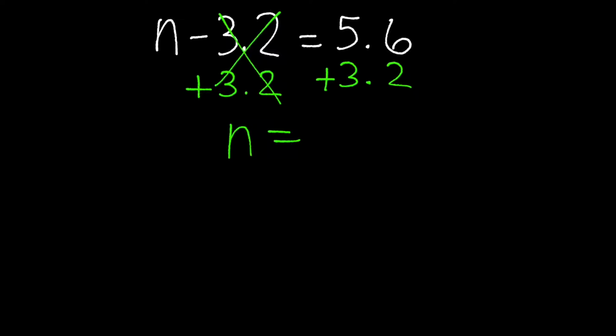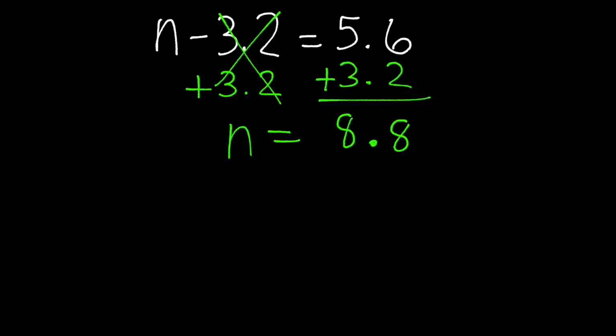And then on the right side, I can add those together rather nicely, as long as I remember to line up my decimal points. So 6 plus 2 is 8. Bring down the decimal point. 5 plus 3 is also 8. And we have our answer of 8 and 8/10.